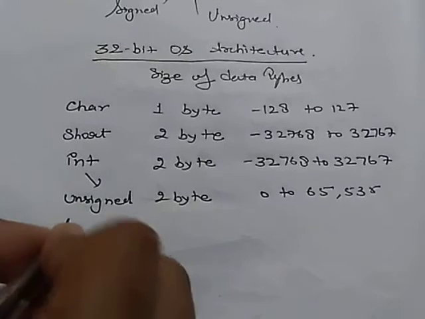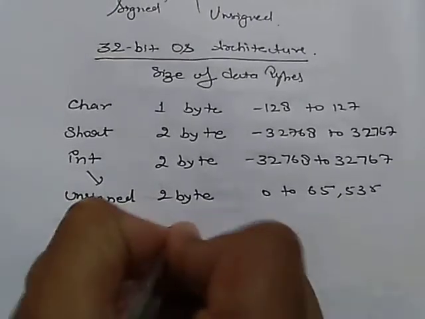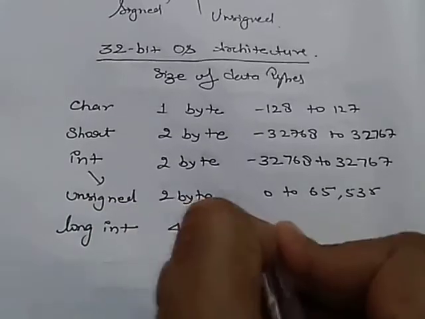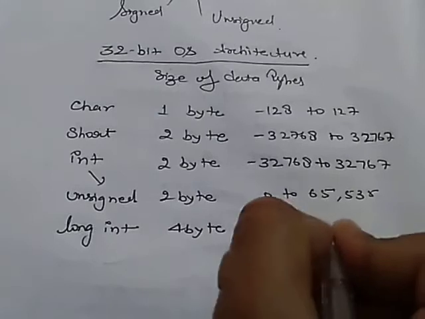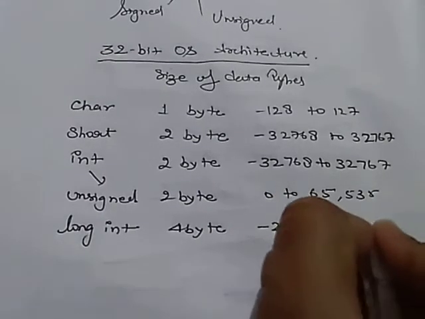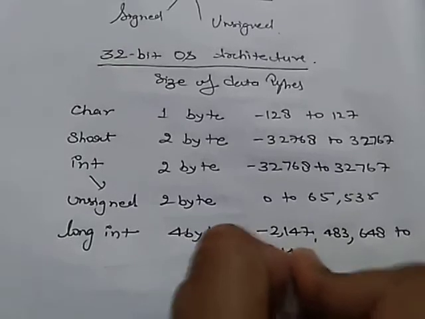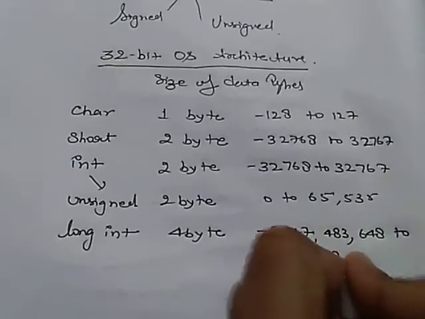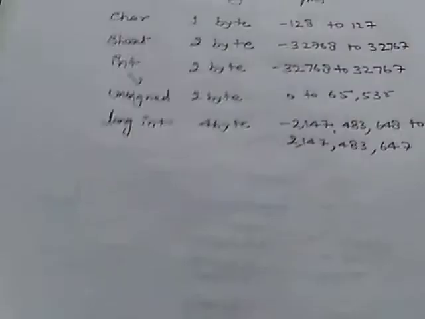Now we have long integer. Long integer will take 4 bytes of memory and its range is from -2147483648 to 2147483647. Now again we have float.